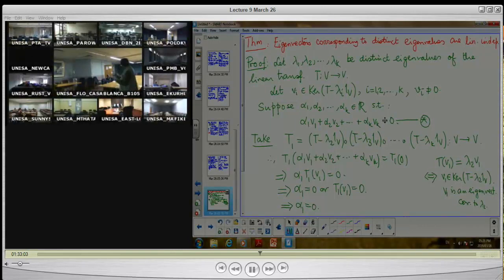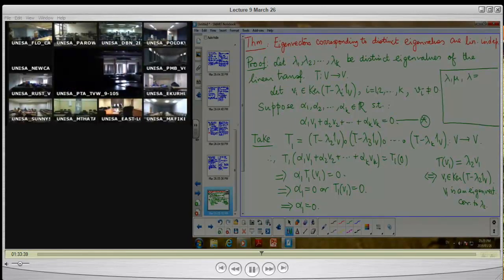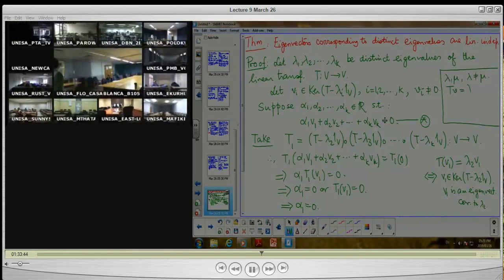So an eigenvector corresponding to lambda 1 cannot be an eigenvector corresponding to lambda 2, right? I think you didn't get this. I think I have to go back and redo. Again, the whole point is, if lambda and mu are two distinct eigenvalues, T of V is lambda of V, and this is the same as mu of V, which would imply that V is equal to 0.